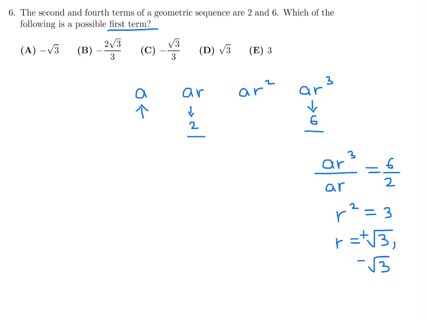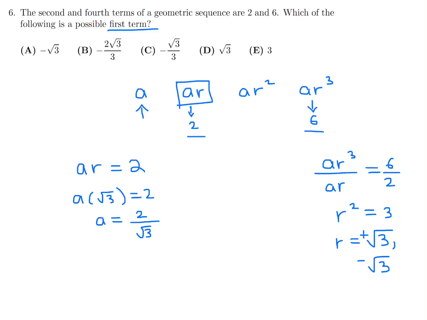All right? So now let's figure out A. I'll use this guy here. A times R is equal to 2. And first let's figure out what A will be if R is equal to positive root 3. So we have A times positive root 3 is equal to 2. So A is equal to 2 over root 3.